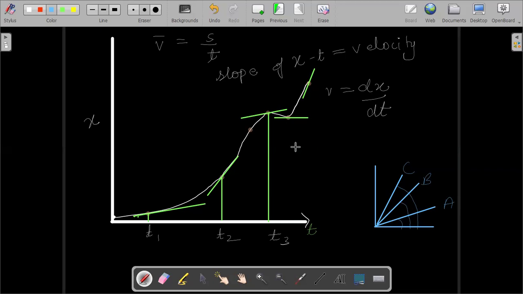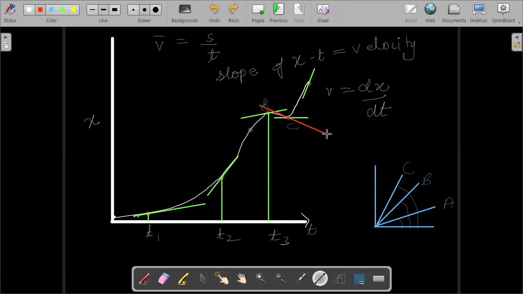So from the graph, the region where you observe the maximum slope, that will be the maximum velocity. For example, if I observe the region BC, here I observe that the graph is moving downward. And if I find the slope during this time, I will be getting a negative slope, something like this. I will be getting a negative slope here in the region BC.